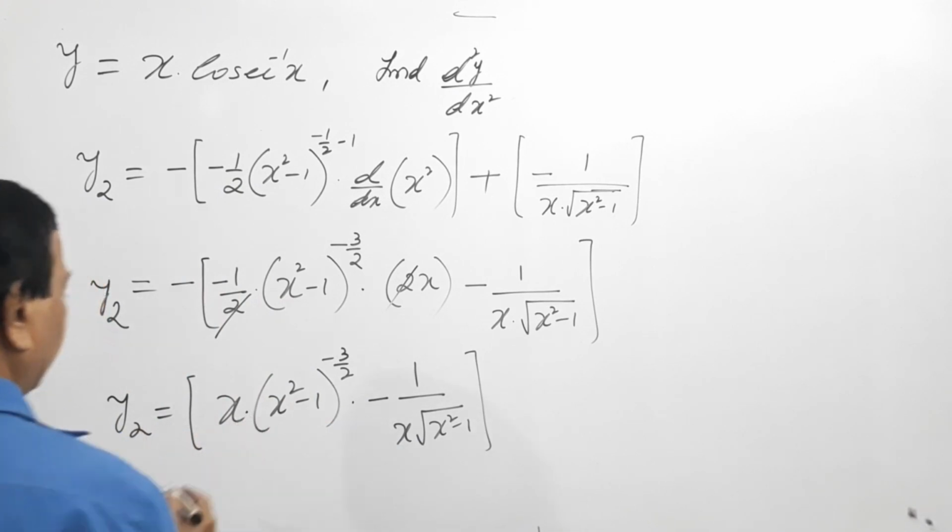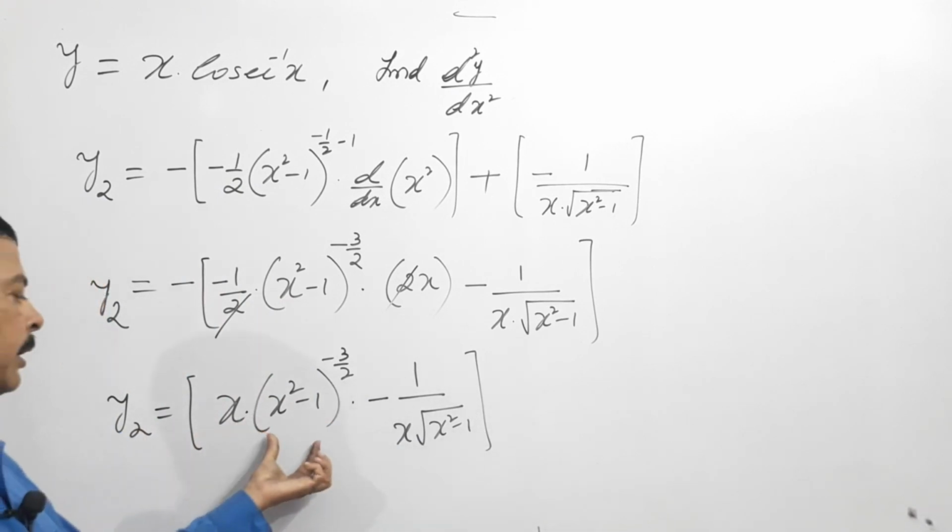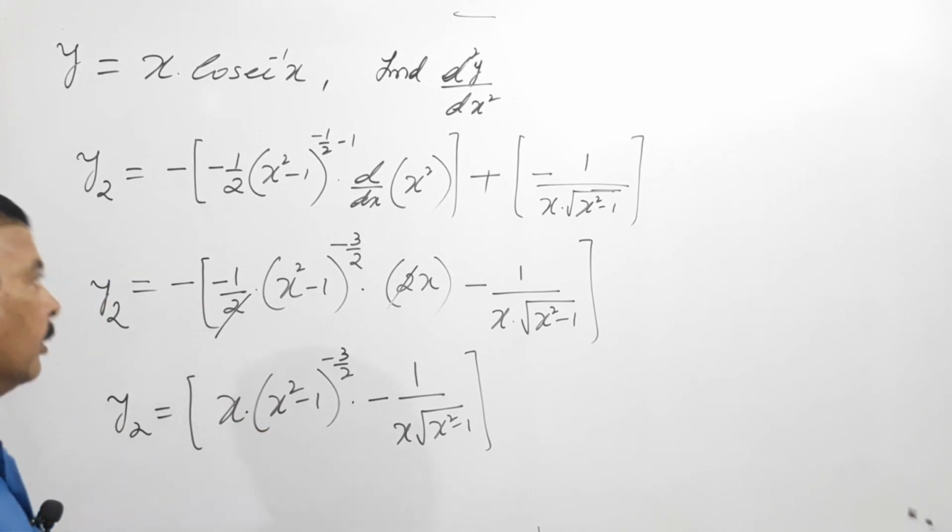So what I will do? I will send this to the denominator. What happens?